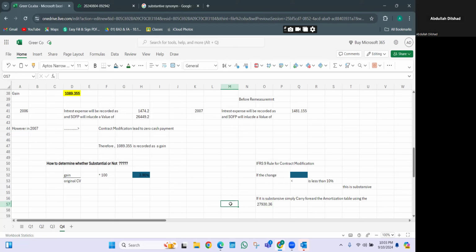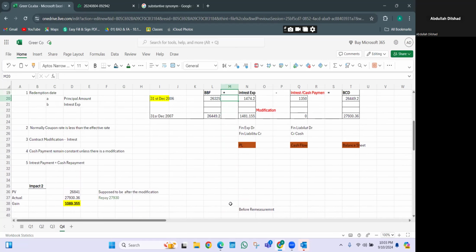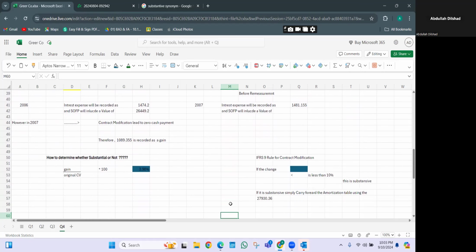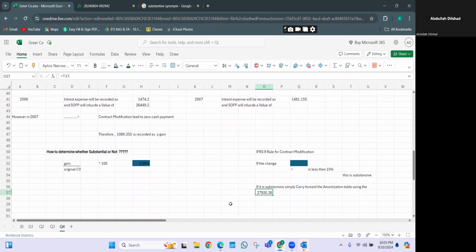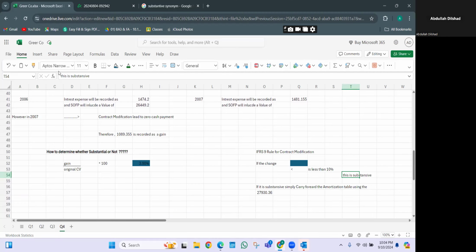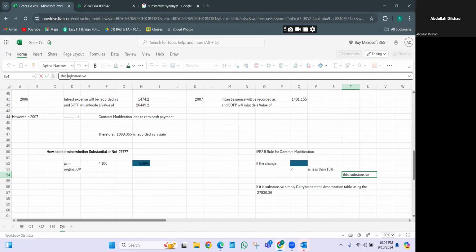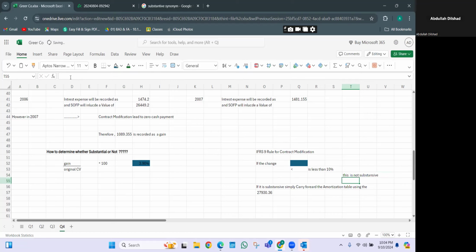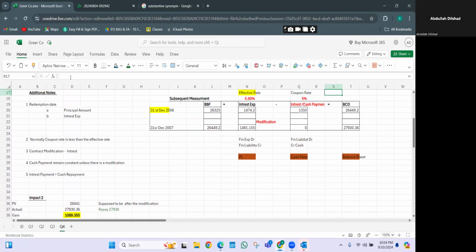So what I would mean is, at 1st January 2008, if it's not substantive, sorry, if it's not substantive, what you all need to do is just continue with this existing calculation.